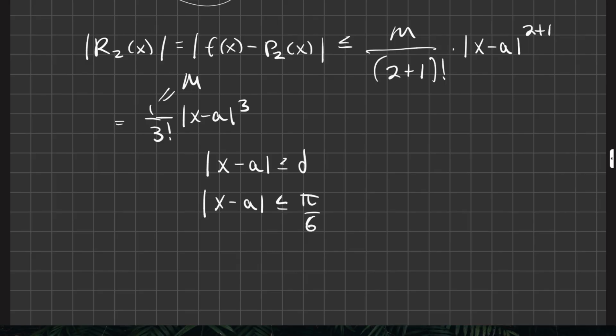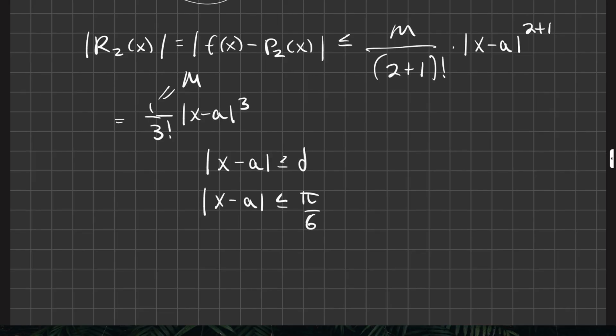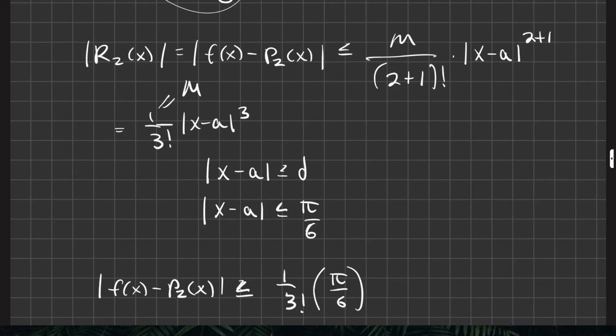So since that's true, then the uniform bound on the whole interval is just given by f of x minus p2 of x, which is less than or equal to 1 over 3 factorial, which we found, times just pi over 6, and this is cubed. And this is the answer, but this also simplifies to pi cubed over 1296.